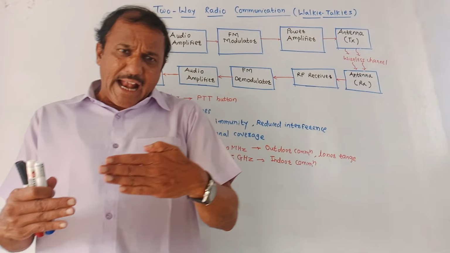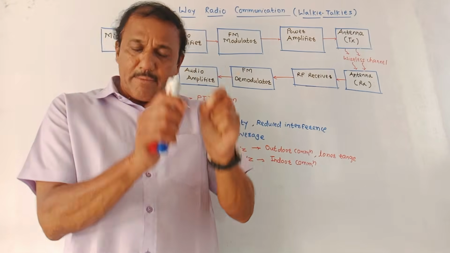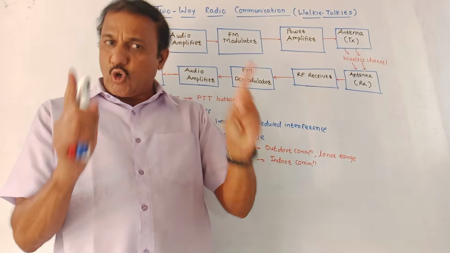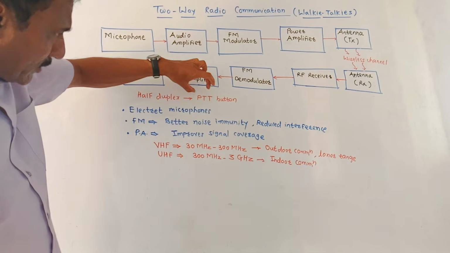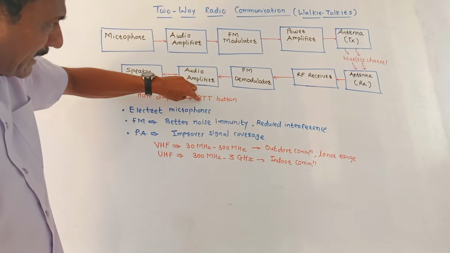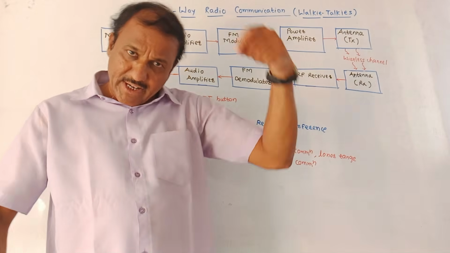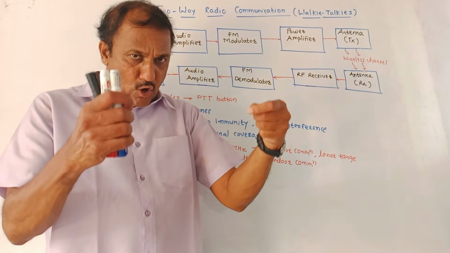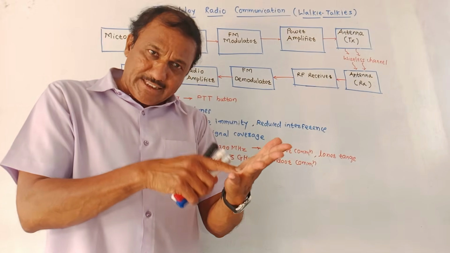The communication can take place in both the directions, but at a time only one person can talk. So it is half duplex communication. There is one particular switch, which is PTT, push to talk switch or push to talk button. Whenever a person wants to talk, wants to transmit the signal, the person has to press this button.